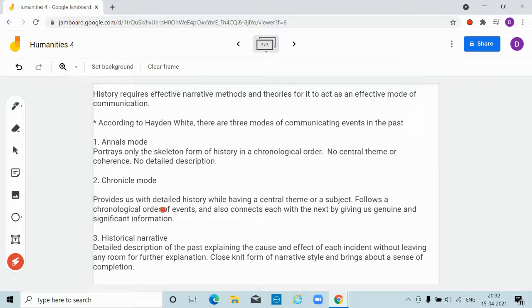India acquired its long cherished independence on 15th August 1947. Details are given, right? It's long cherished independence. That is, Indians had been fighting for independence for a very long time, and finally we got it on 15th August 1947. 1948, Mahatma Gandhi was assassinated on January 30th, 1948, in New Delhi by an extremist Nathuram Godse.